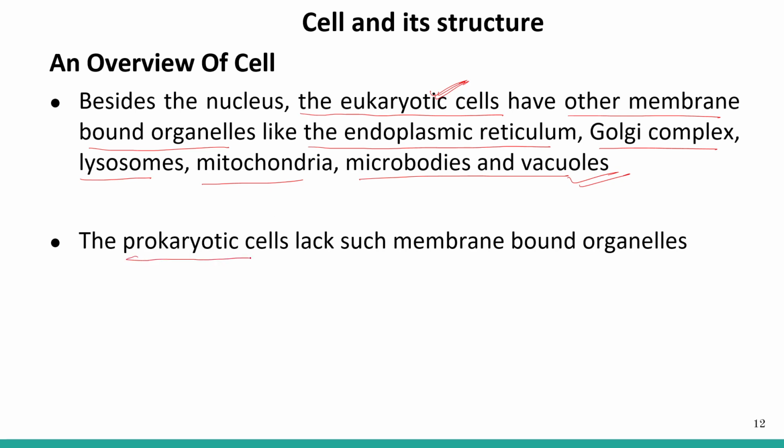So the prokaryotic cell lacks such membrane bound organelles, right? This is one of the major differences between the prokaryotic cell and the eukaryotic cell, right? But these organelles are not at all found in the prokaryotic cell.